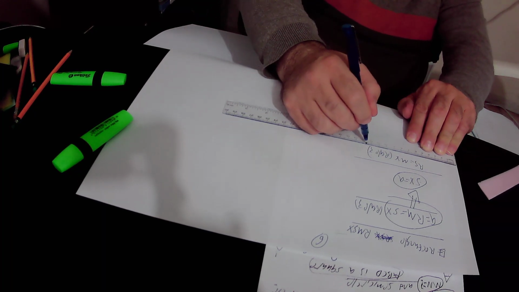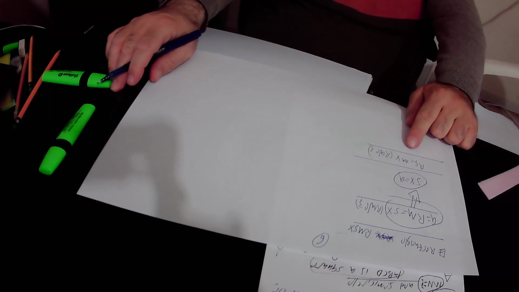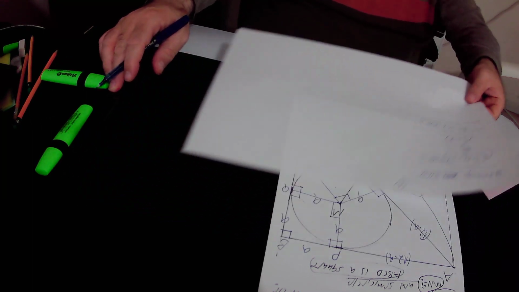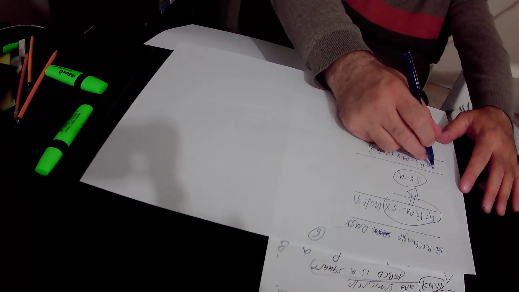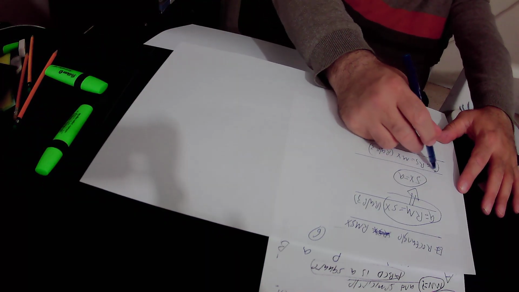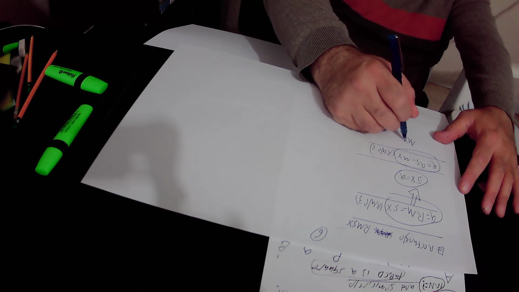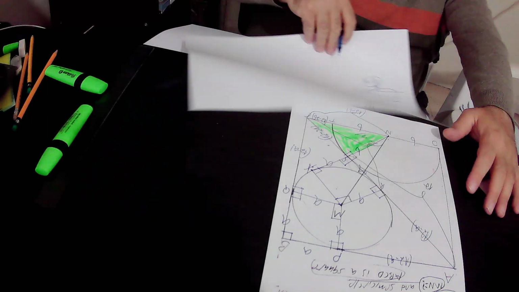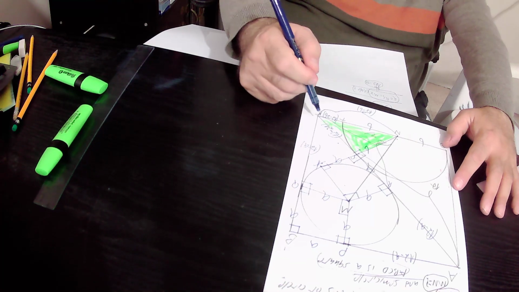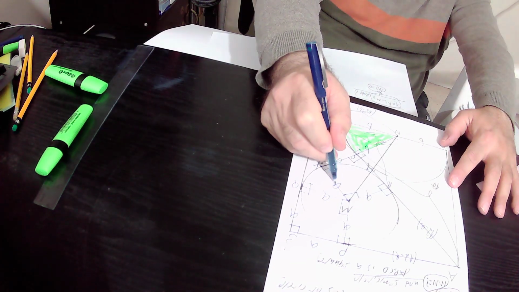I repeat again, in rectangle RMSX, RS must be equal to MX according to rule number 3, but we have already found out that RS equals A. So from this equation, A equals RS equals MX, we will derive that MX is also equal to A. Here, MX is also equal to A.